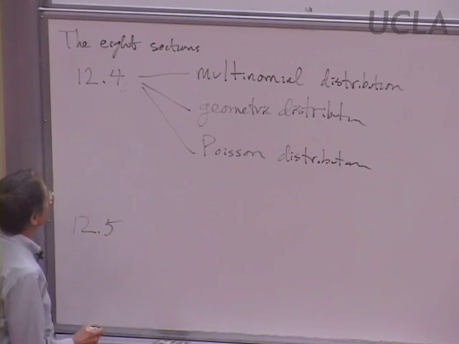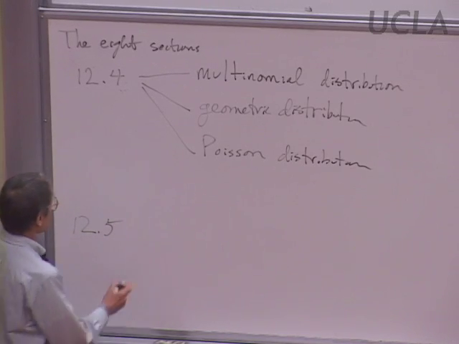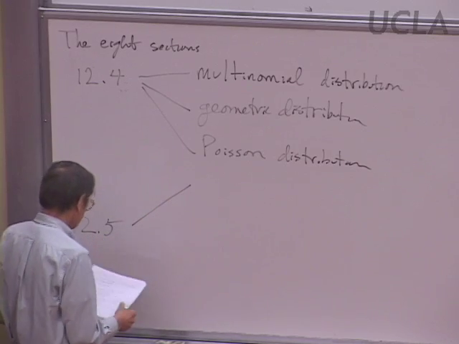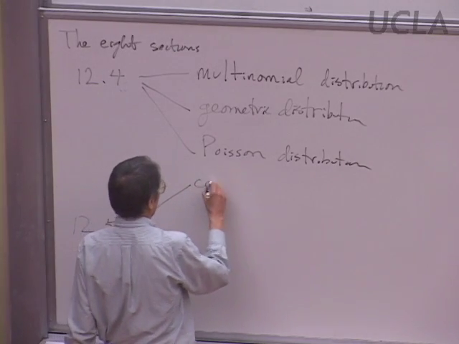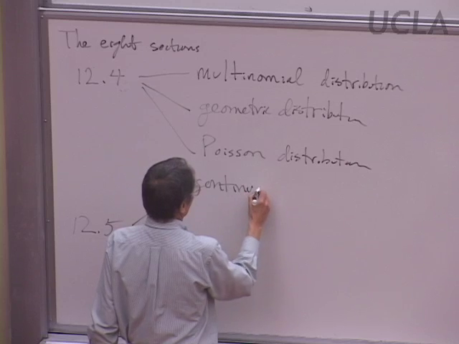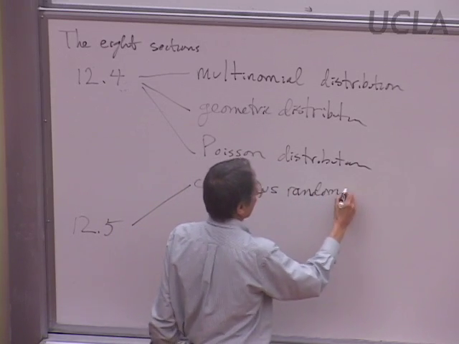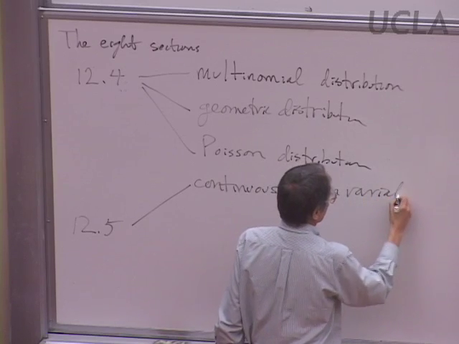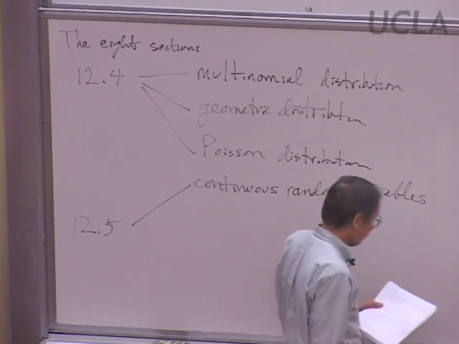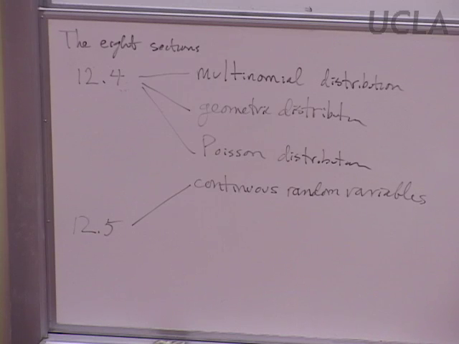There are 4 subsections under 12.5. One on continuous random variables in general. So this brings in concepts like the density function.